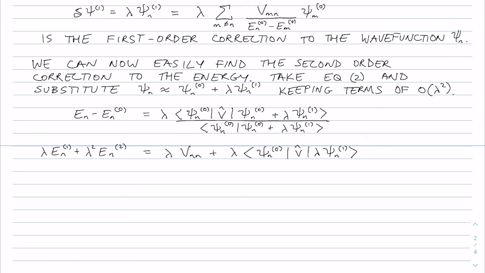And the denominator has actually disappeared because of our normalization at the bottom here.